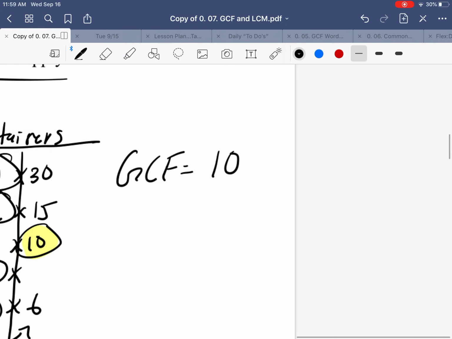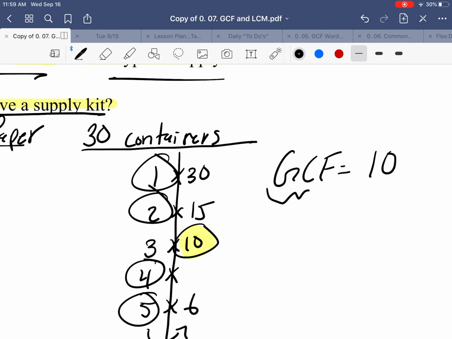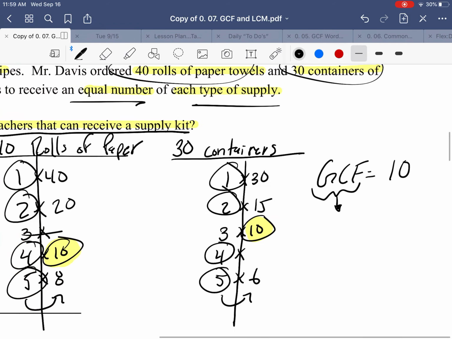Now, when we're talking about greatest common factor, what does our greatest common factor represent? Does it represent the number of groups, or does it represent the number of items in each group? Great. In this situation, in every greatest common factor, it always represents the number of groups.